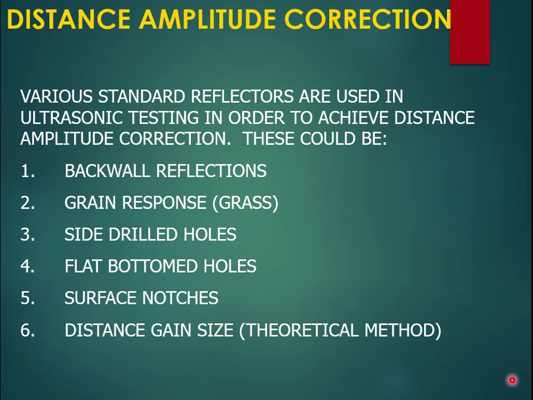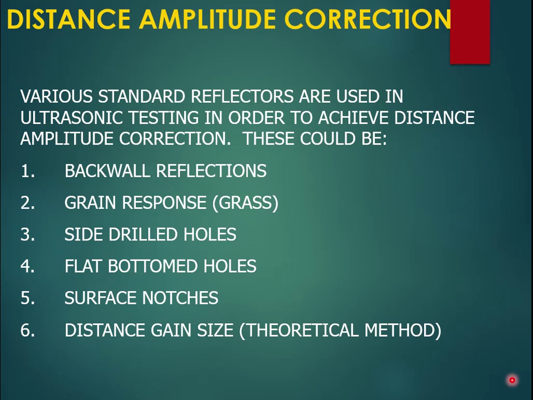We know that if the discontinuity size is larger, the reflection is more. If the discontinuity size is less, the reflection is less. As the reflection is more, the amplitude shown on the CRT screen is also higher.